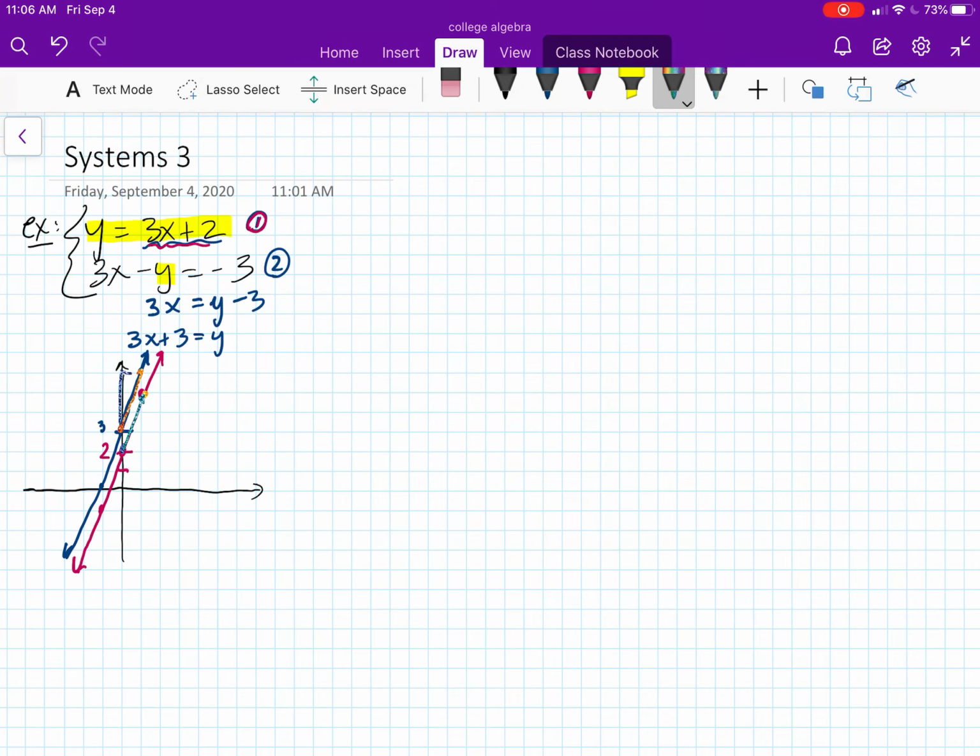If they continuously go up 3 over 1, they will never intersect. They're parallel. Two lines with the same slope are parallel. And if they never intersect and they're parallel, then they have no solution.